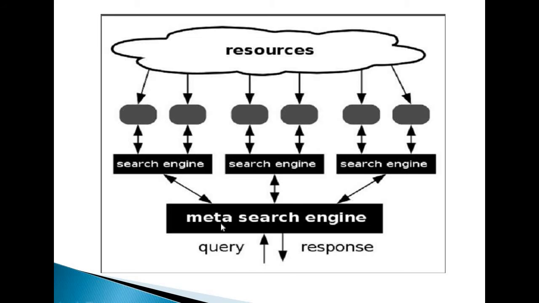The user query is searched inside the meta search engine or different search engines which are related to different resources on the internet. They respond back with the help of search engines, and these search engines related to the meta search engine respond back to the query of the user. So here is the process of how a search engine works.